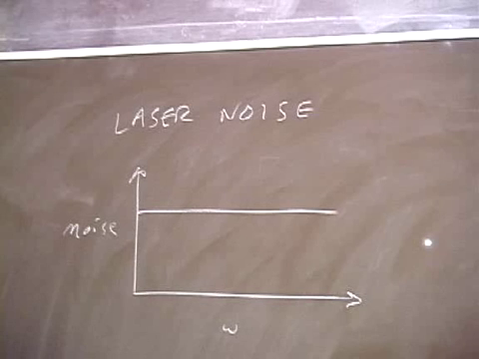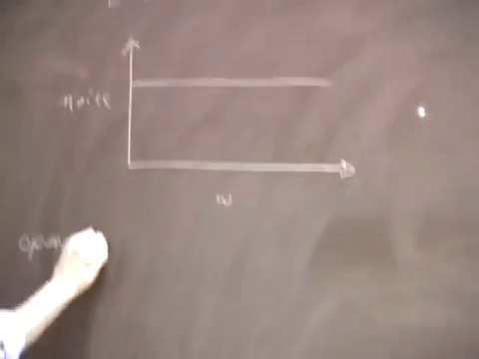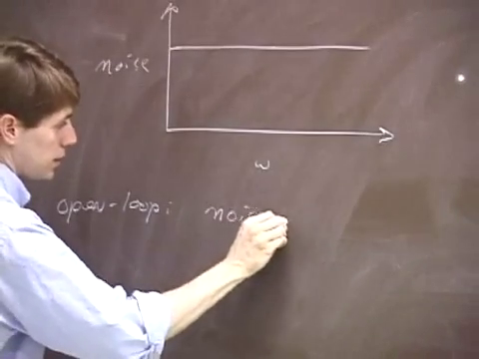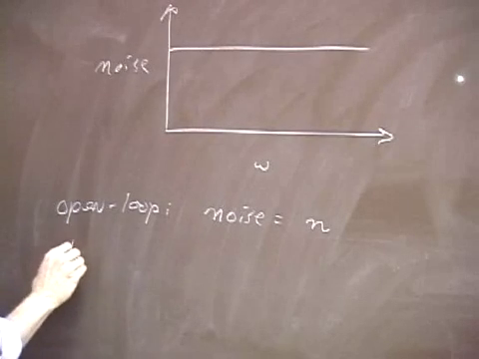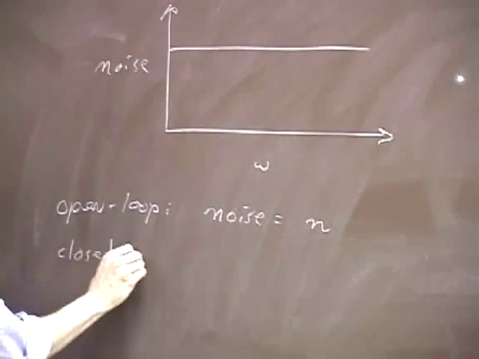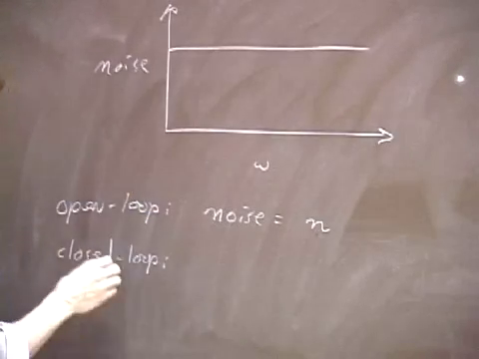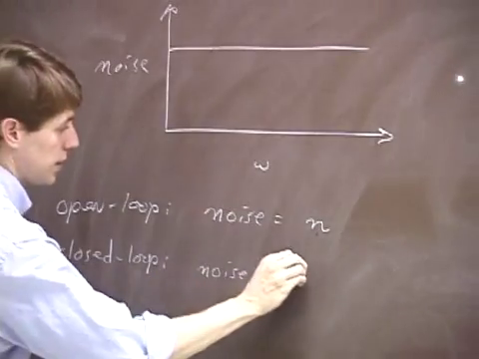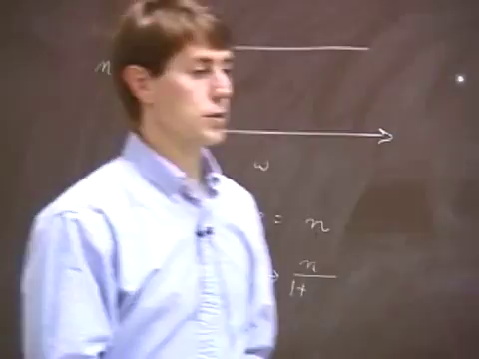And one of the results that you will prove in the homework is that when the loop gets closed, so in the open loop, if the noise is equal to N, that is N as measured using the Pound-Drever-Hall technique, then in the closed loop, the noise goes to N divided by the return difference, 1 plus, what were the symbols that I used over there?